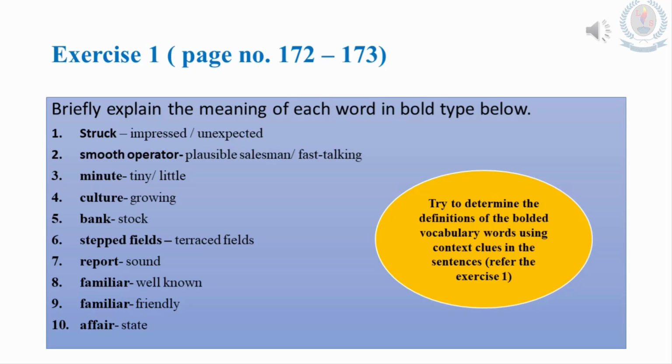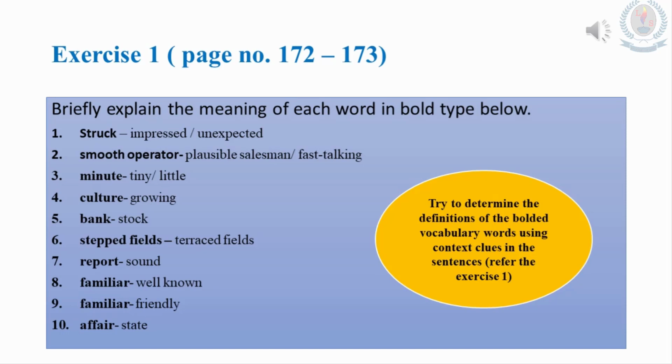Question number 3. I watched a minute insect crawling up the wall. Here minute means very little, a tiny insect. Number 4. She is an expert on the culture of mushrooms. Here culture defines growing of mushrooms.